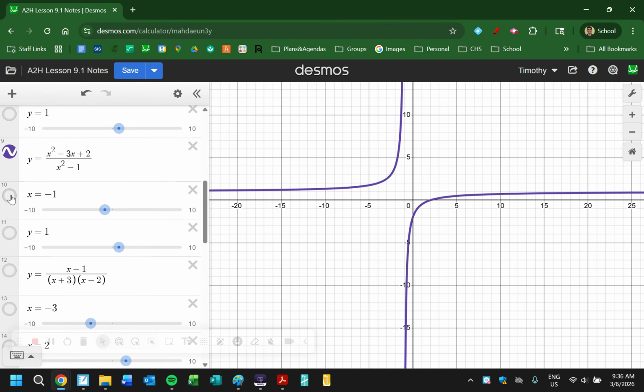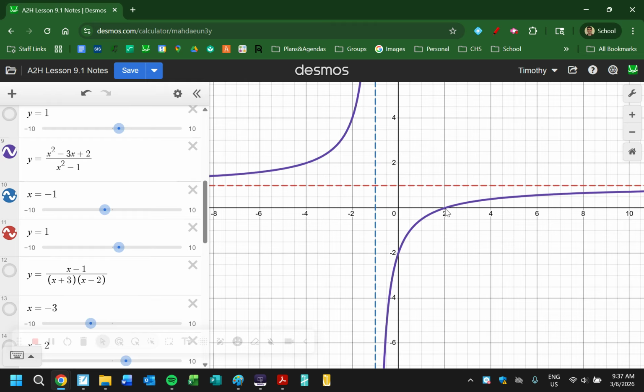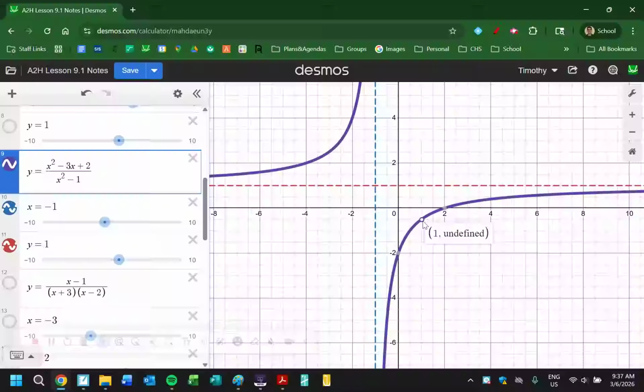There she is. Now I even put in this to test are my vertical asymptotes correct? Was my horizontal asymptote correct? And if you really wanted to dig around, you could try to find that hole. It's a little hard to figure out because you're going to have to scroll. They don't show it. Oh, bam.